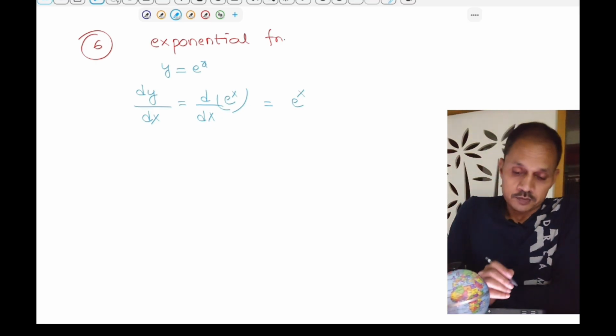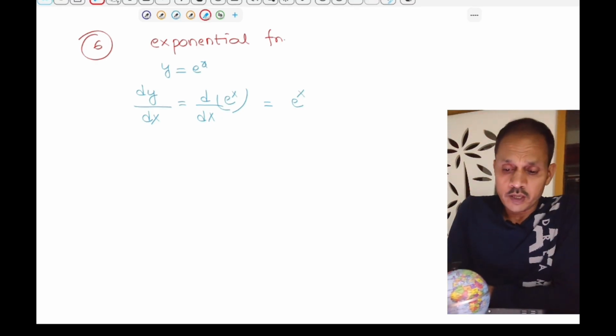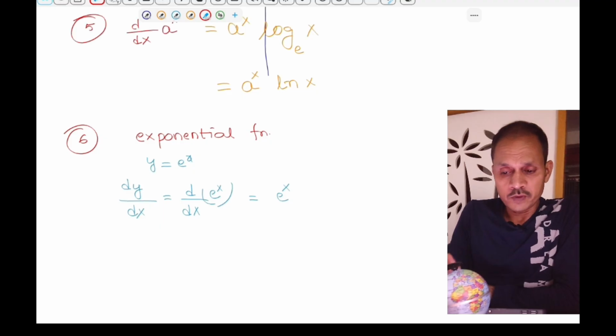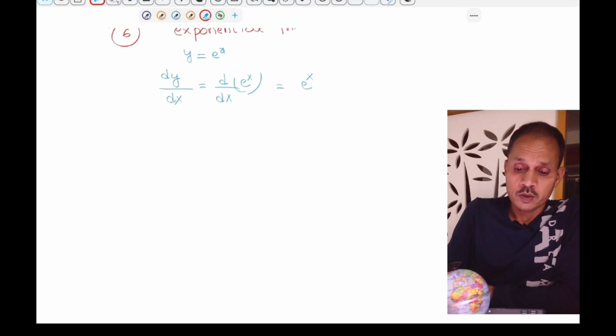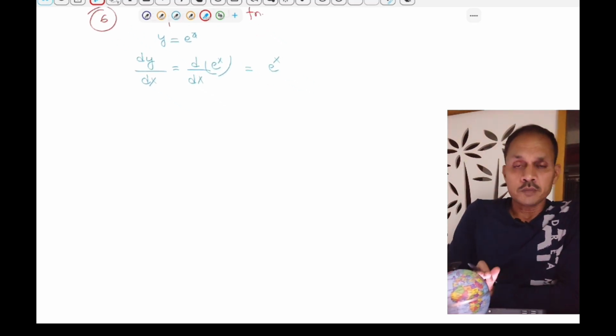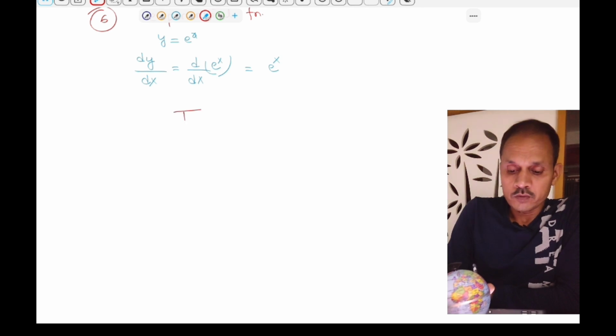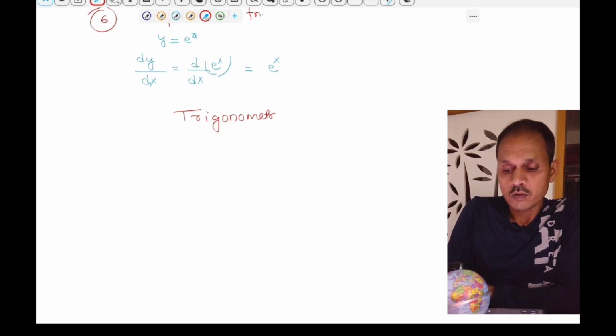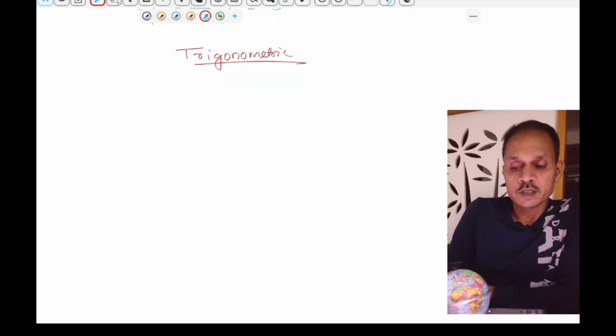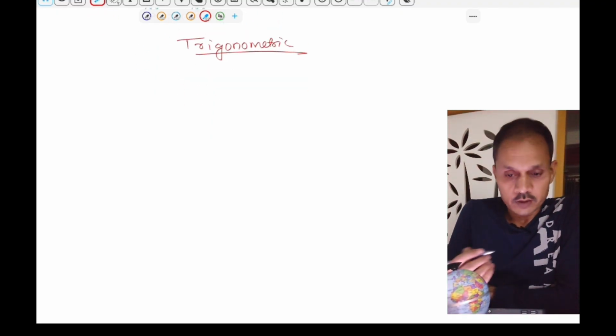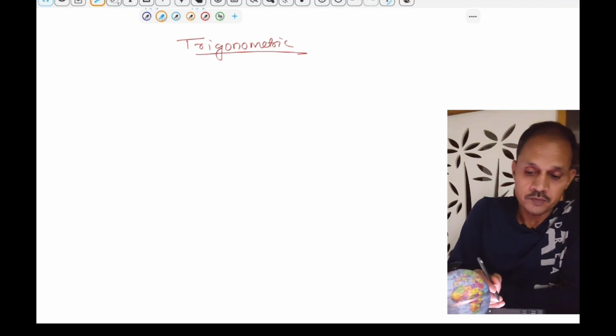Okay, next, logarithms and exponentials we will learn in a different concept. So these are some algebraic equations. Now let us see some trigonometric functions. Let us say y is equal to sin x, then what is the differentiation?